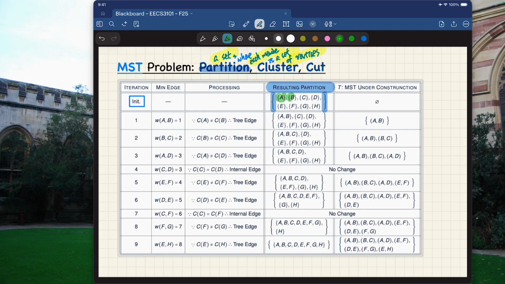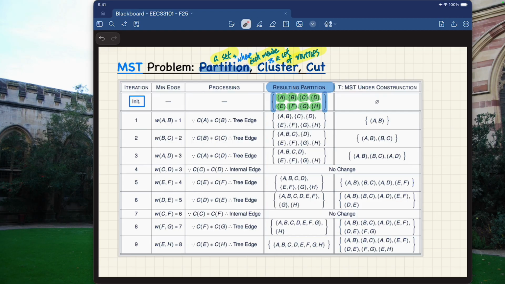You can see 1, 2, 3, 4, 5, 6, 7, and 8. This particular partition is a set where each member is a set of vertices. Here, this is just a singleton set of vertices, and this is just another singleton set of vertices. Again, a partition is a set where every member is also a set of vertices. Let's see one more example.